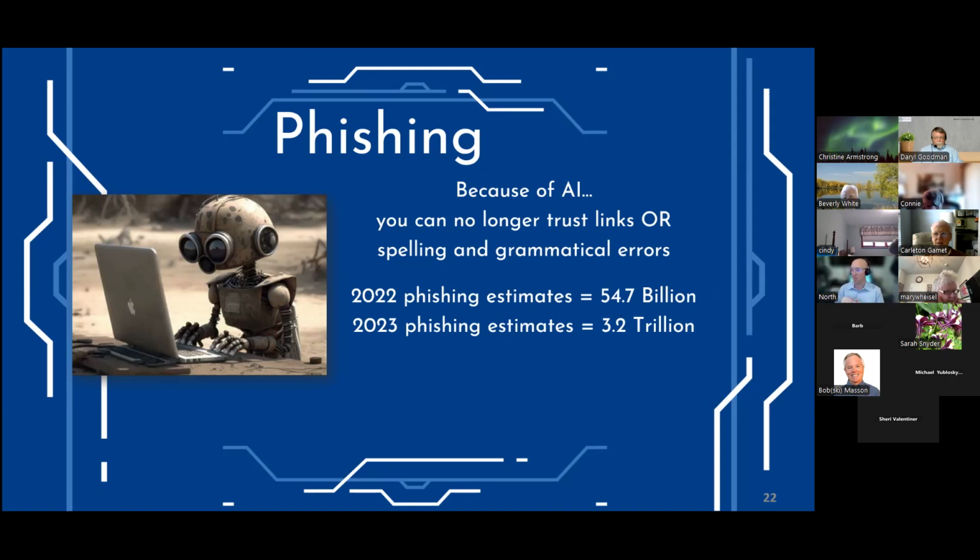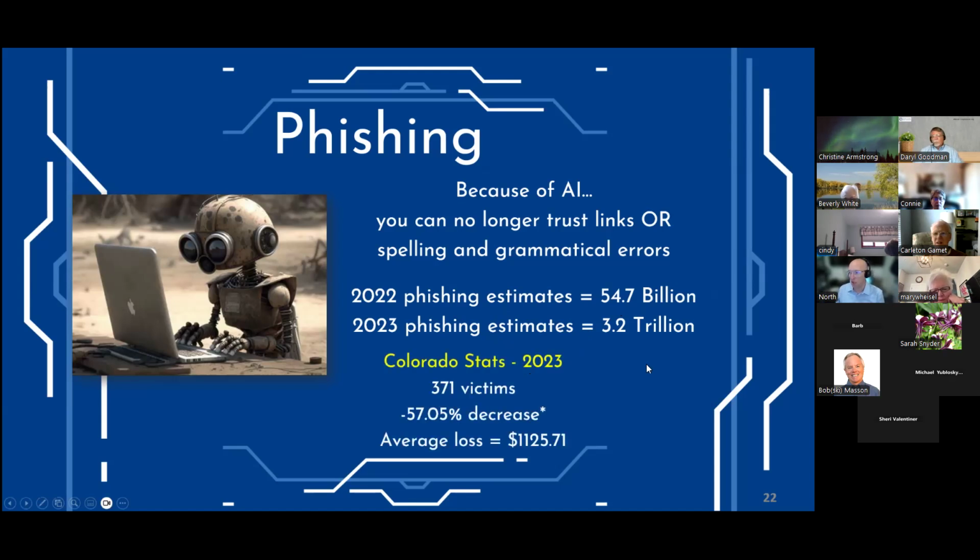So billions. 1 trillion is 1,000 billion. The numbers are just astronomical. So the issue here is not only are they looking better, we're just getting hammered with 25 times the amount of phish year over year.